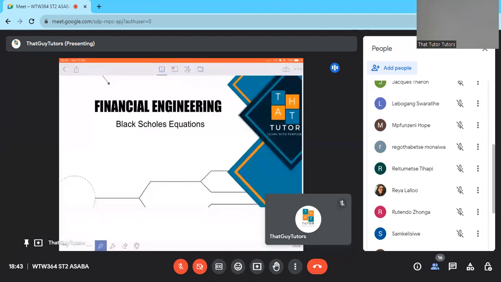The Black-Scholes partial differential equation can be written in this way. You are going to have the partial of V with respect to t, plus r, the bank rate or the risk-free rate, times x. Your x would replace the value of the share at each point, times the partial of V with respect to x, plus 1 over 2 sigma squared x squared, where sigma is the volatility of the share, times the second partial of V with respect to x, minus r V equals 0.